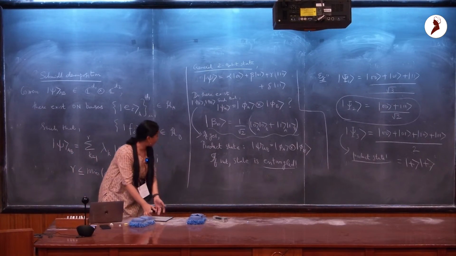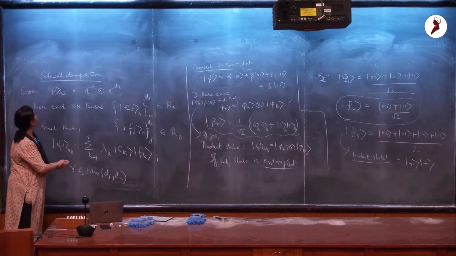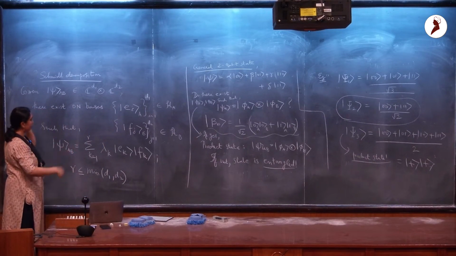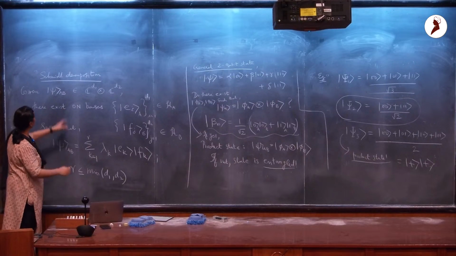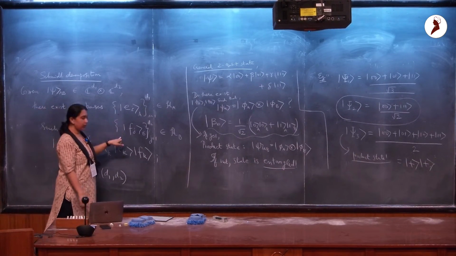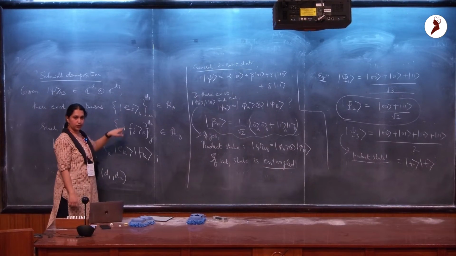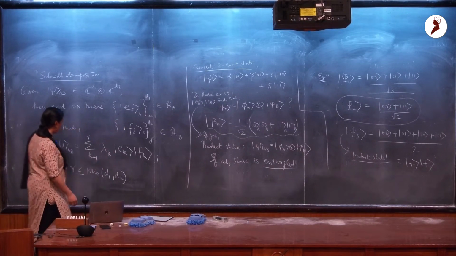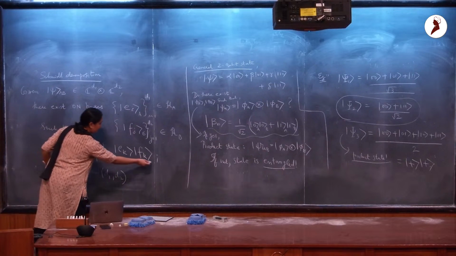So this is what the Schmidt decomposition theorem states. It says that given any bipartite state, I can always find local bases in the two subsystems, such that I have a way of writing out this state.